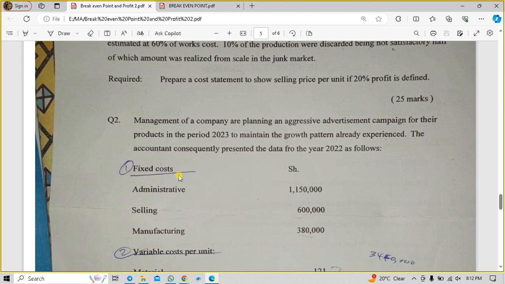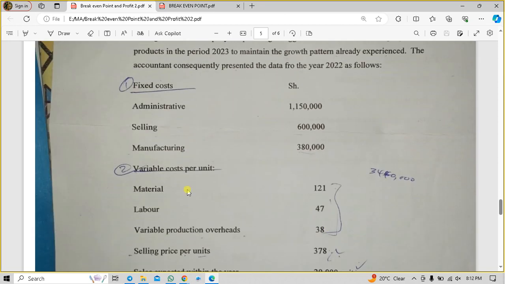So there are fixed costs. These are the fixed costs that have been presented. We have administrative, this is the amount, selling 600,000, manufacturing 380,000. Then you have what we call variable cost per unit. So here we have been given in form of units.